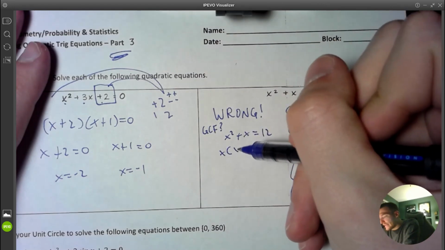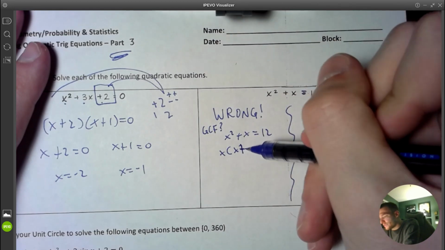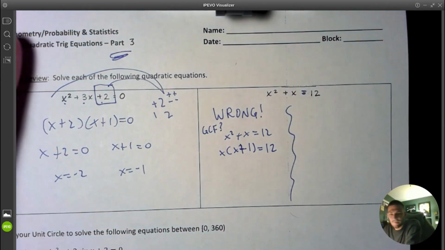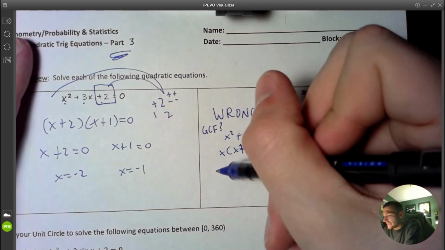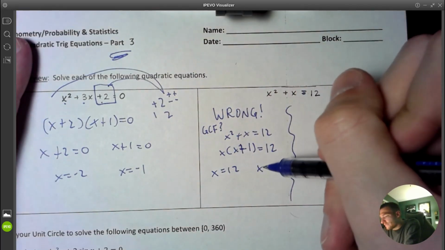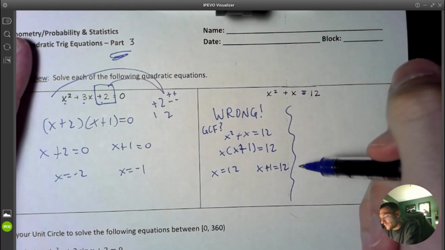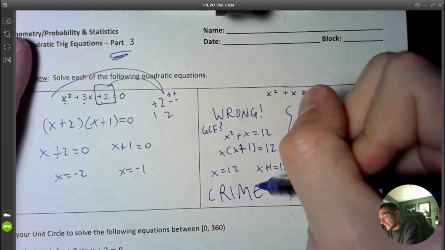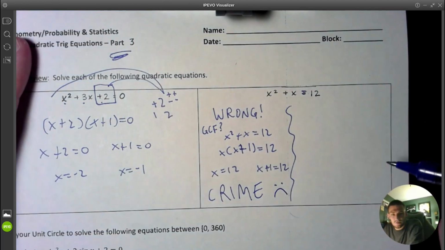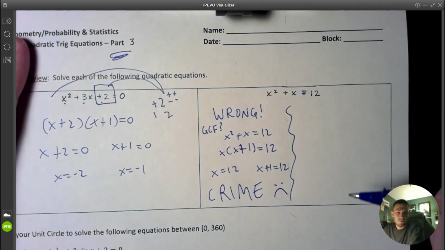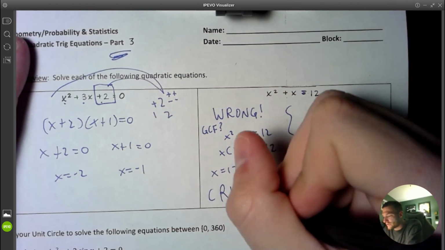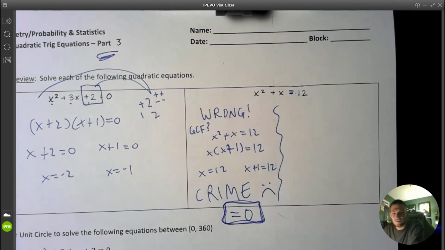They'll take out an x, and then they'll say x equals 12, and x plus 1 equals 12, and this is a crime. This is really bad, okay? You have to have equals 0. You have to have equals 0.